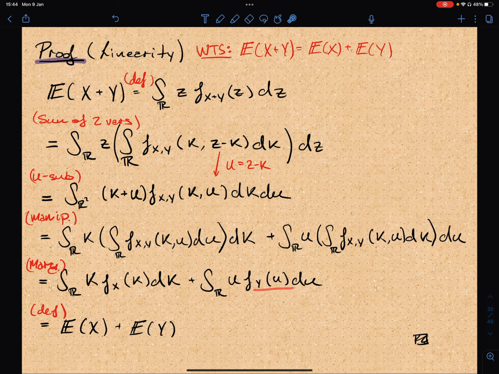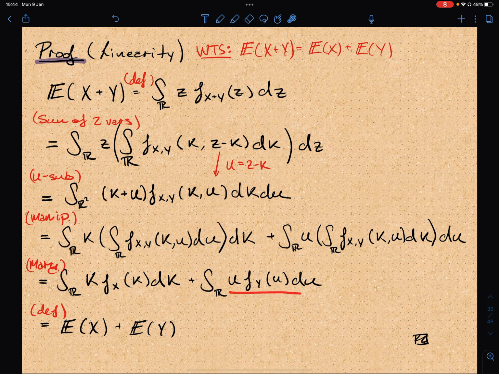So I have f_Y and f_X, and to end the proof, this is the definition of the expected value of X. It's the weighted average: the outcome is k, weighted by the probability of the outcome k, using the marginal distribution of X. And this gives me this term.